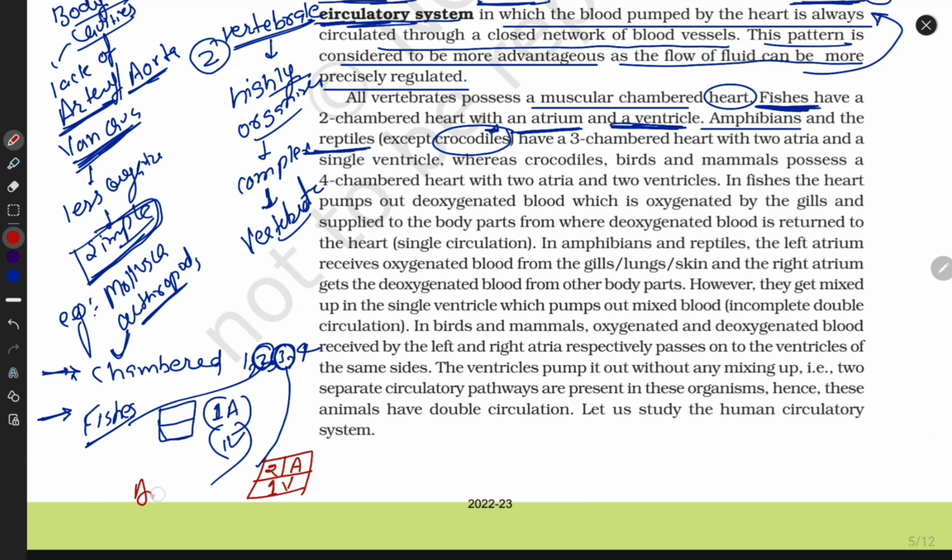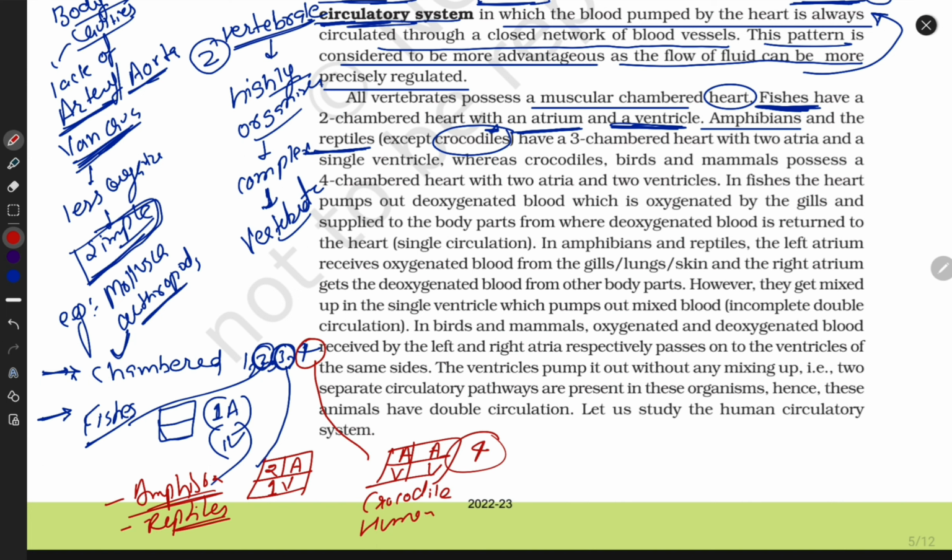They are found in amphibians and most reptiles except crocodiles, because crocodiles contain a four chambered heart like us. Humans also contain a four chambered heart. Clear, guys? Another example is birds, which also contain a four chambered heart. Two atria and two ventricles.